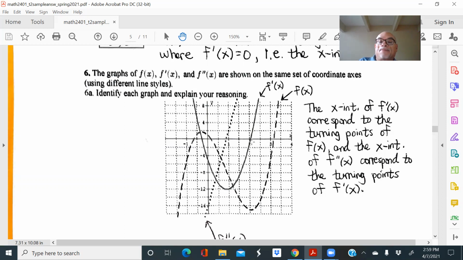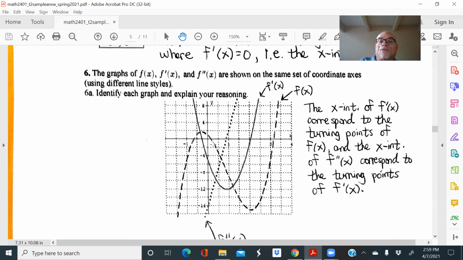with the turning points for this function, the dashed function. And that's really an important clue, right? Because remember, the peak or valley turning points on a function, you can find those by finding where the derivative is 0.